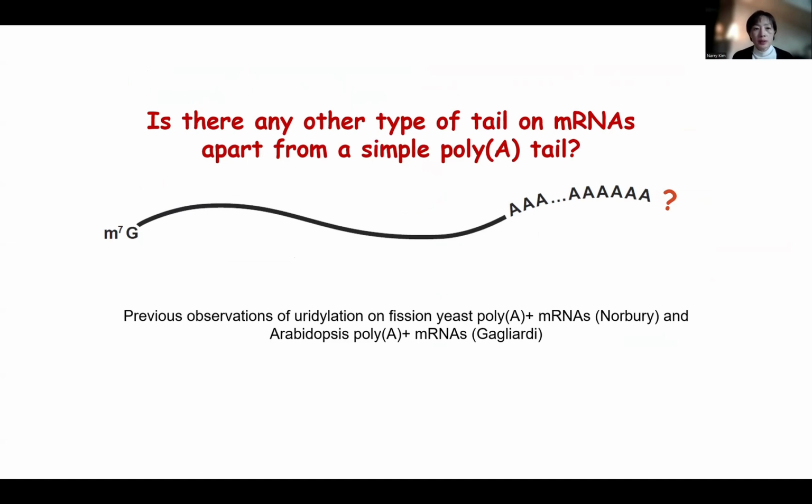There were some previous observations of uridylation on polyA-positive messenger RNAs from fission yeast and Arabidopsis. We wanted to address this question in a comprehensive manner to investigate animal messenger RNAs as well.